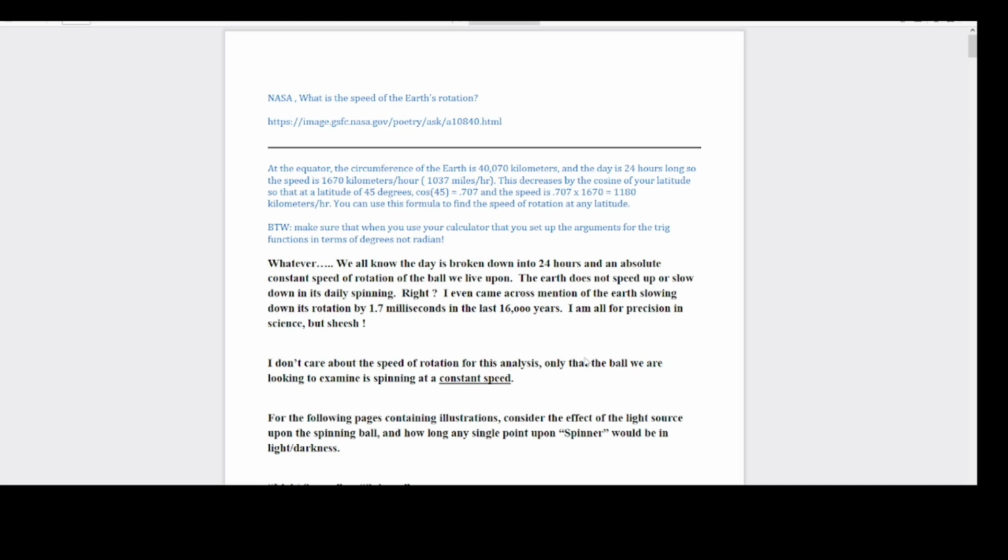You can go and check this yourself, but basically it says that at the equator, the circumference of the Earth is 40,070 kilometers, and the day is 24 hours long. So the speed then is 1,670 kilometers per hour, or 1,037 miles per hour.